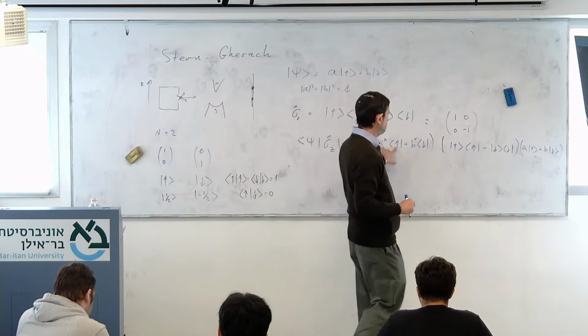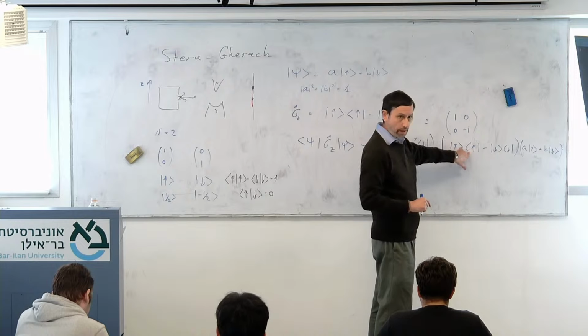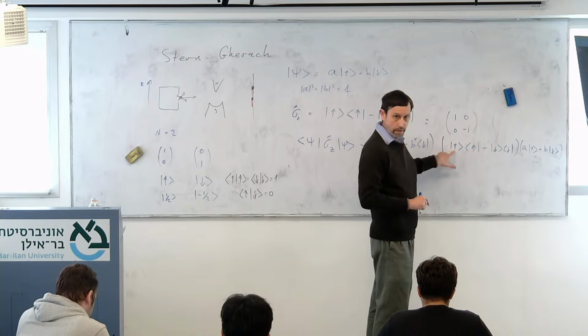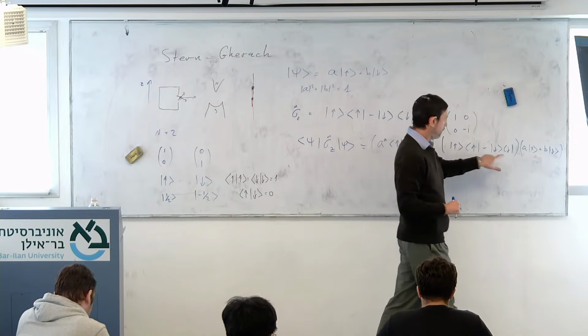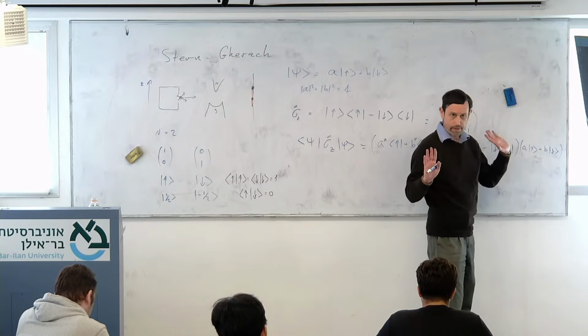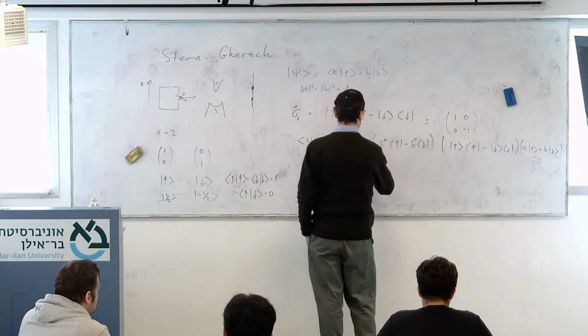This is something that you'll acquire with practice. This guy times this guy is okay, because it will give me 1 here. This guy is only times this guy, because all others are 0.